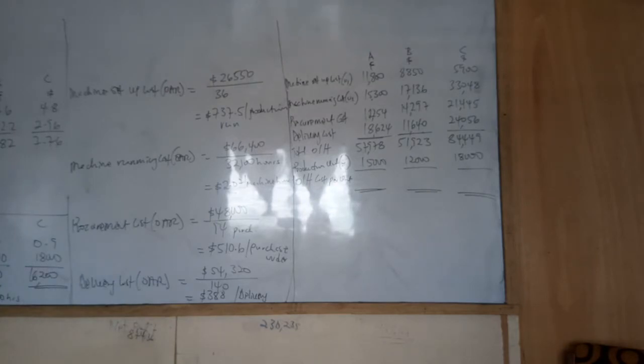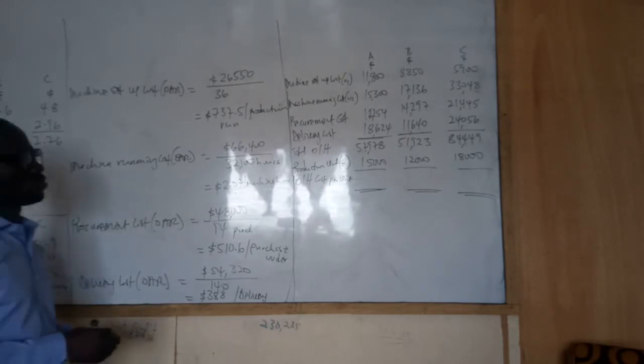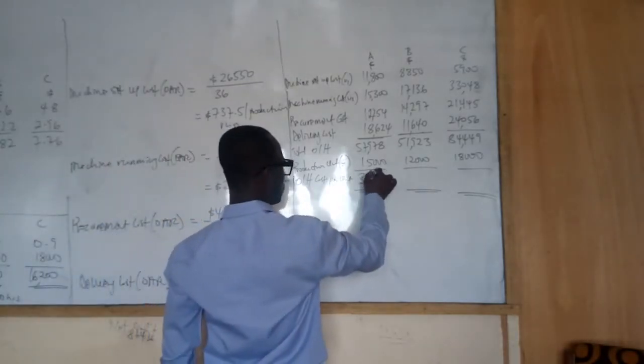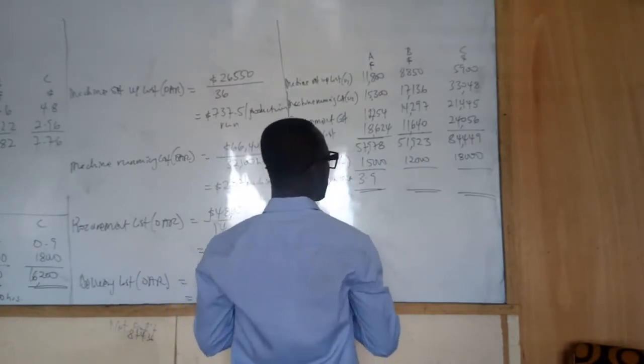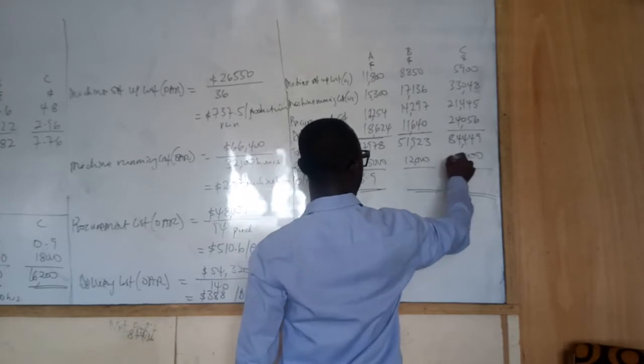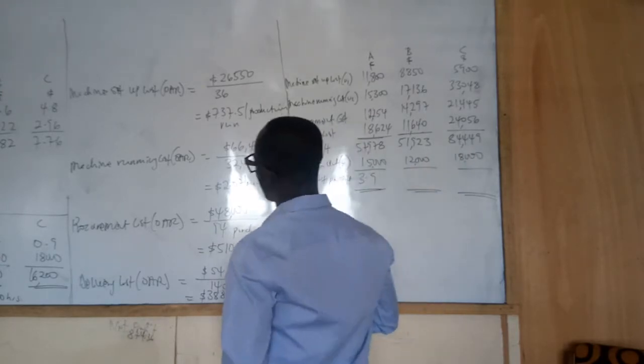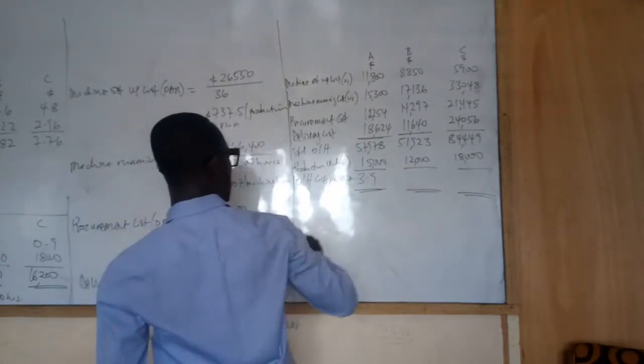Please divide for me. A is 3.9. B is 4.3.